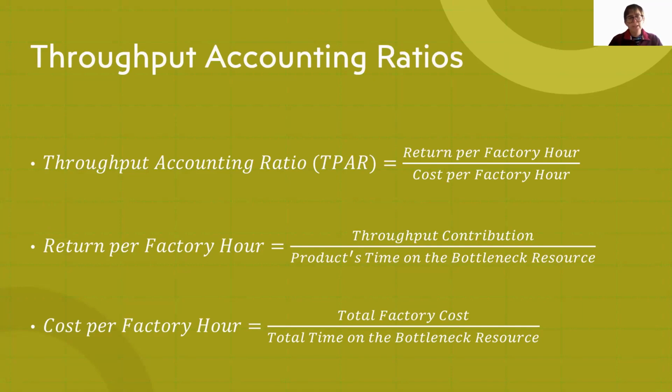So first of all, we need to know our return per factory hour, which can be calculated by doing our throughput contribution divided by our product's time on the bottleneck resource. You then need to know how to calculate your cost per factory hour, which again is going to be total factory cost divided by the total time taken on the bottleneck resource.